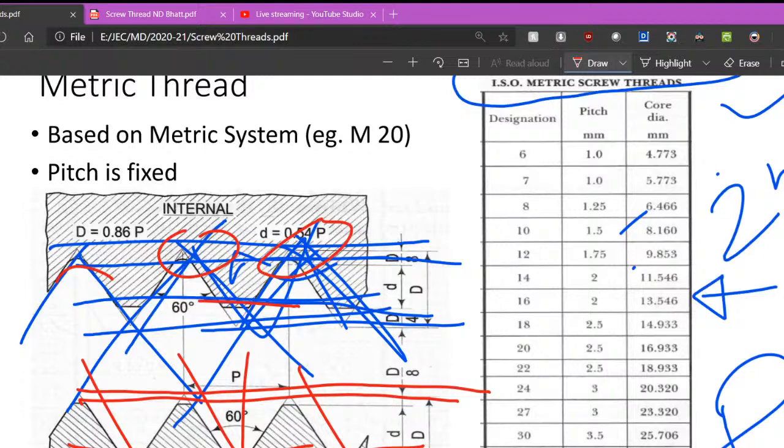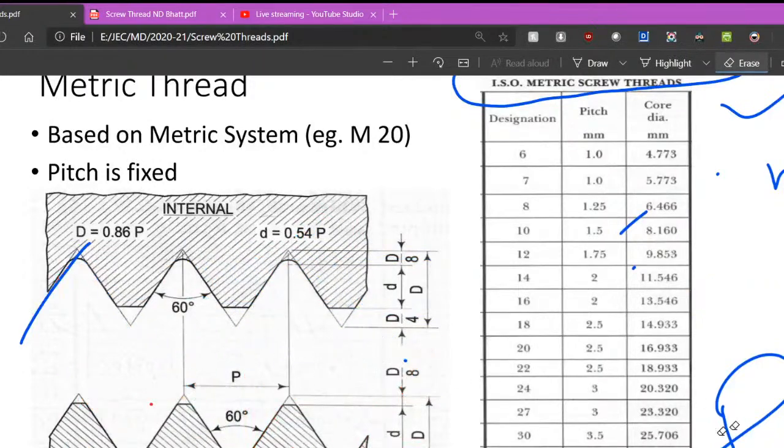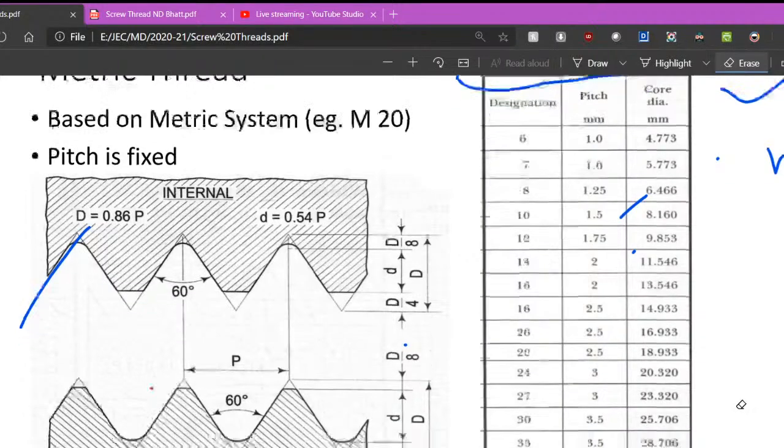The whole angle is 60 degree, half angle is 30 degree, or the slope is 30 degree. So you draw these parallel lines, take a reference and draw this line, and then you can easily cut this part and make the curve from the root side. I hope I have cleared this one.